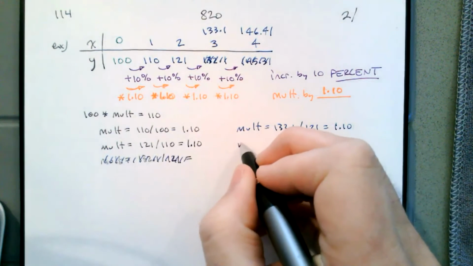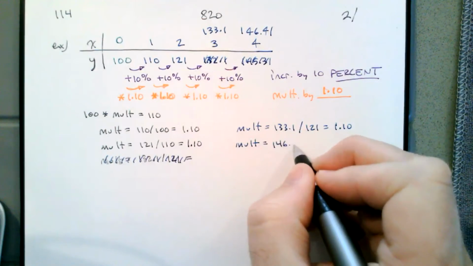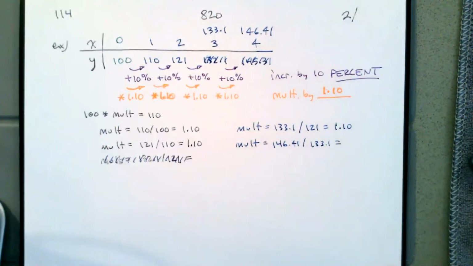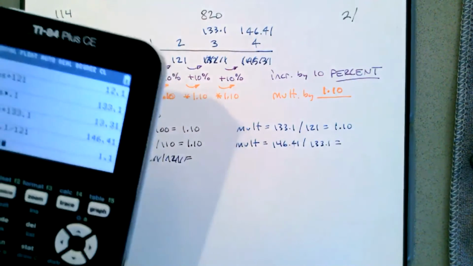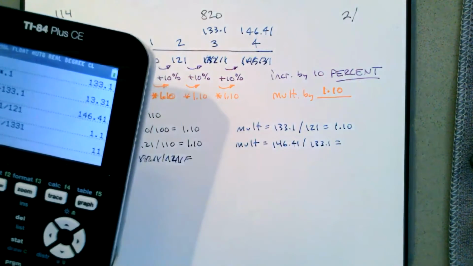And the last one, just to make sure that everything got fixed correctly. If I take 146.41 and divide by 133.1, we get the 1.1.